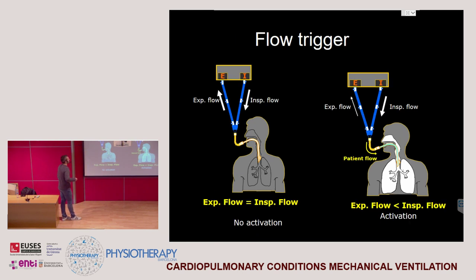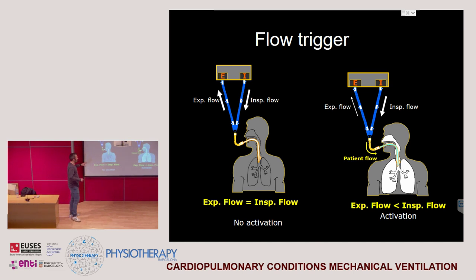The other way is the flow trigger. Remaining with the same explanation, it's a closed system, so the same inspiratory volume that goes inside the lungs has to be the same expiratory volume that goes out. Yeah, 500, 500, 500, 500.